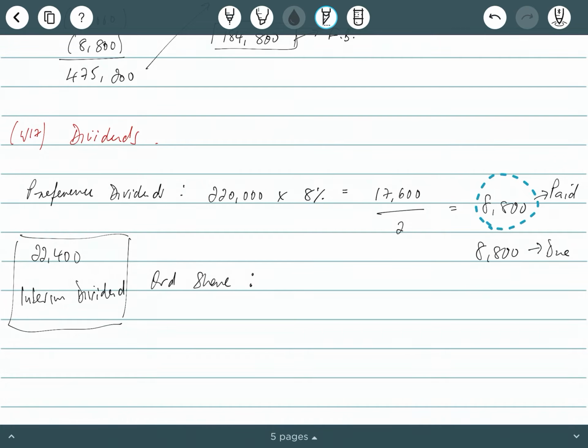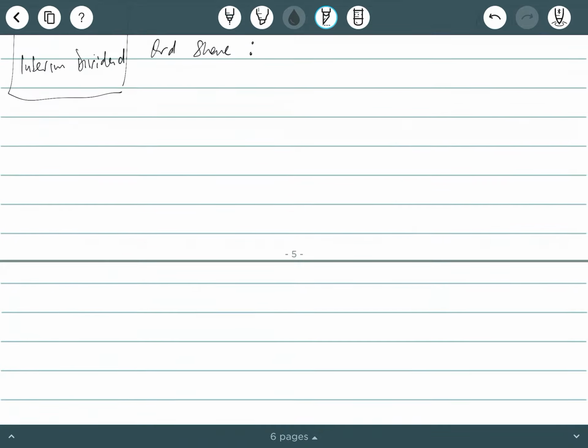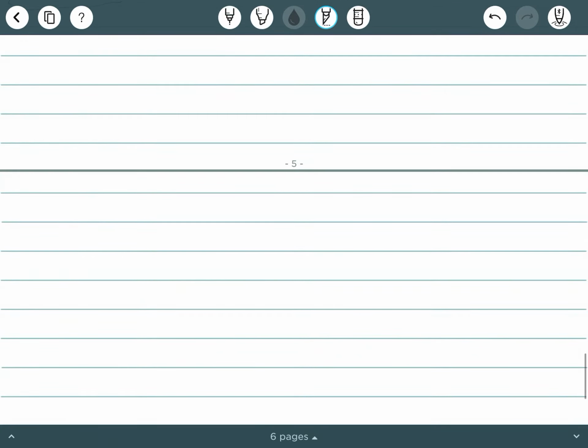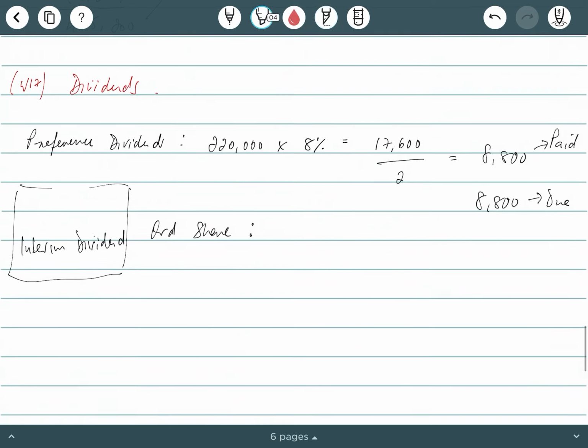So obviously the balance is what you gave to your ordinary shareholders. 22,400 minus 8,800 leaves you with 13,600. So 13,600 has been paid to your ordinary shares.